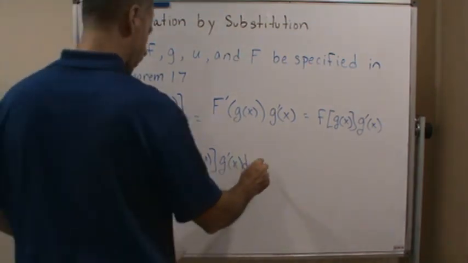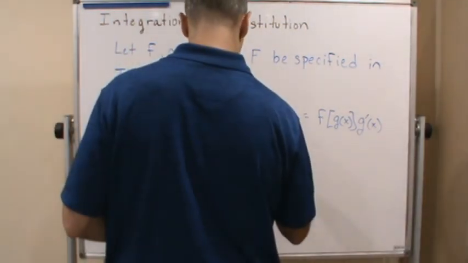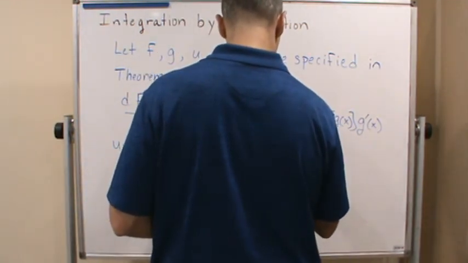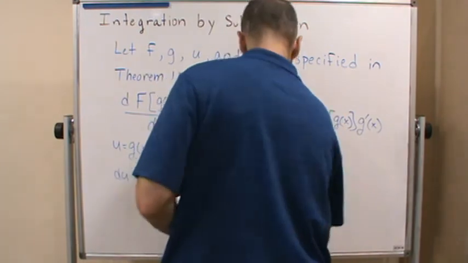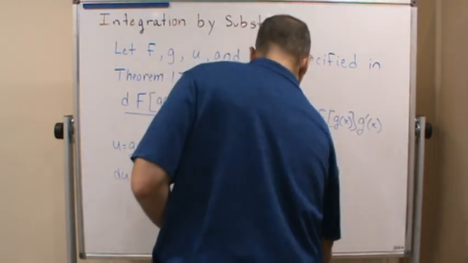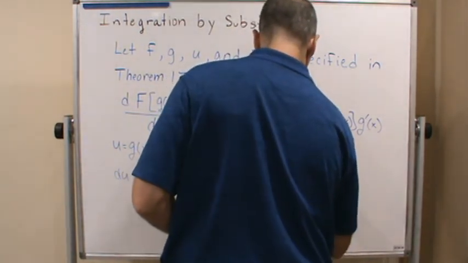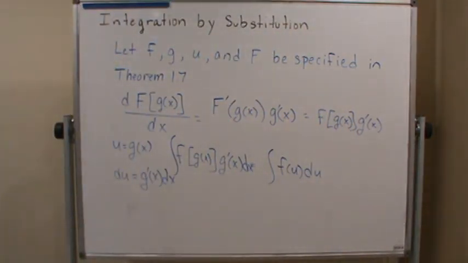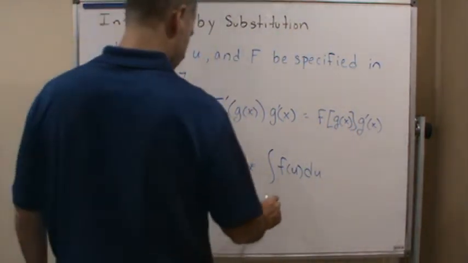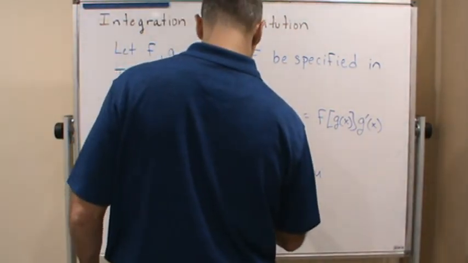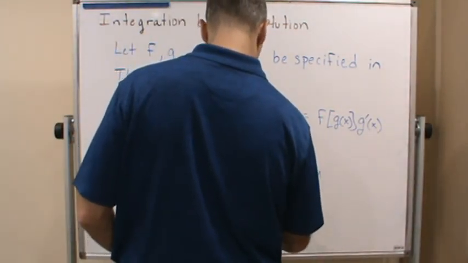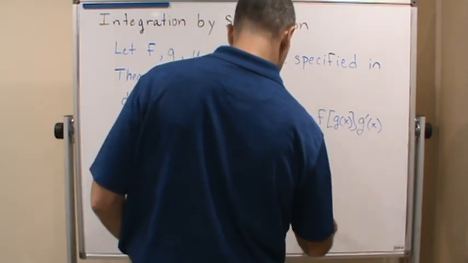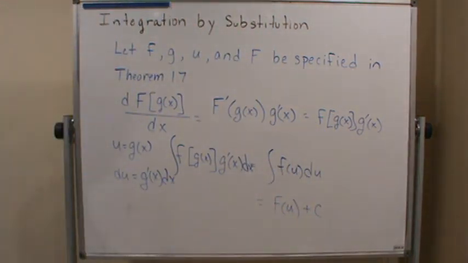And so what do we get? We get the integral of f of u du, which of course is equal to capital F of u plus c.